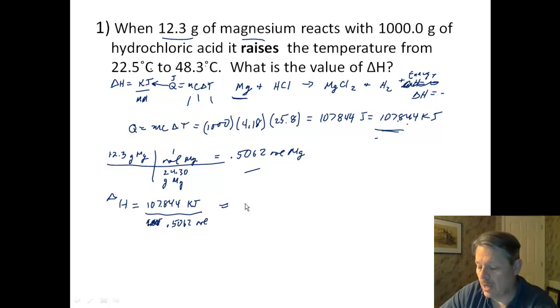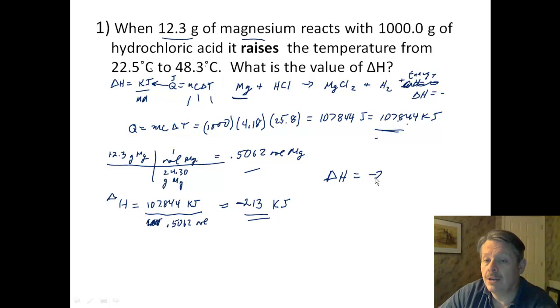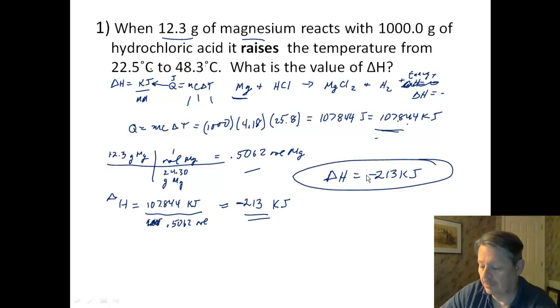So when I do that math, I end up getting 213 kilojoules of energy. So that's my delta H. And remember, it's negative. So my final answer for delta H is negative 213 kilojoules of energy.